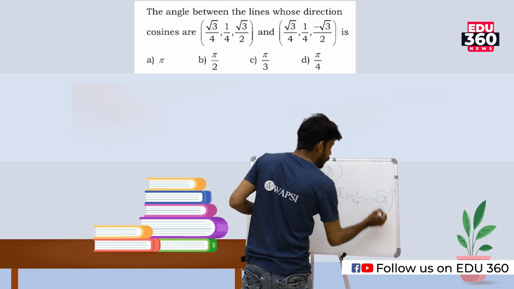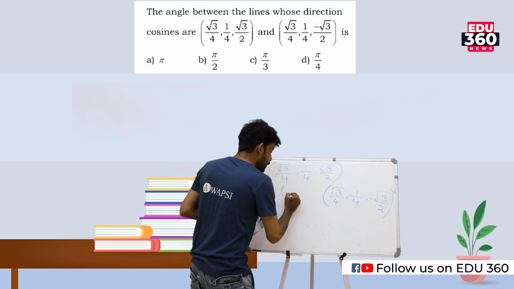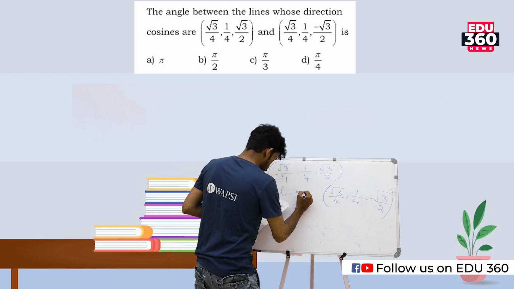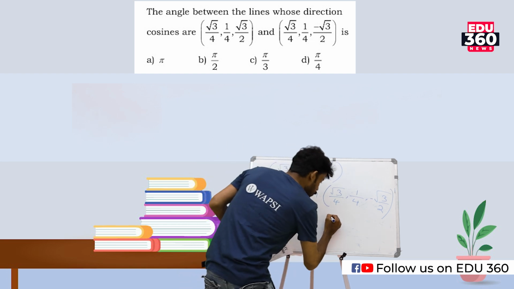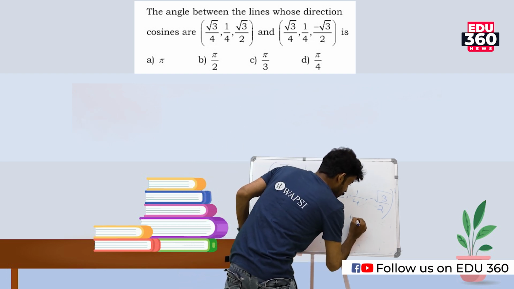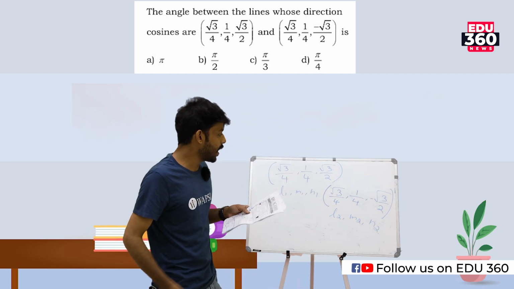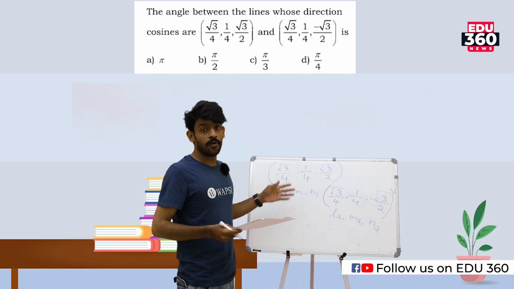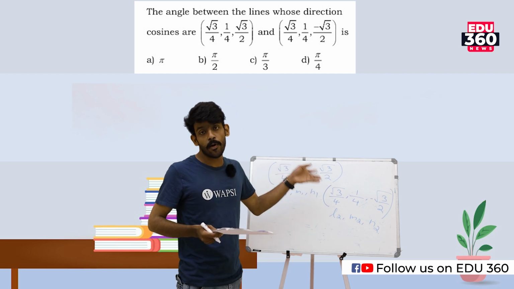We know that these are L1, M1, N1 and L2, M2, N2. So we need to find the angle between the lines, and the direction cosines are already given in this question.